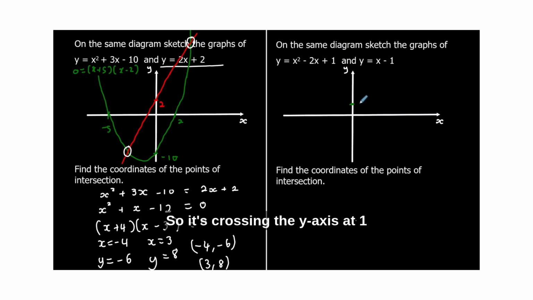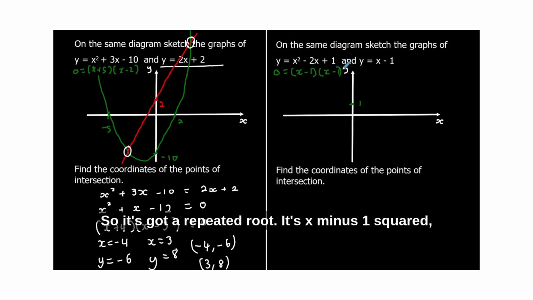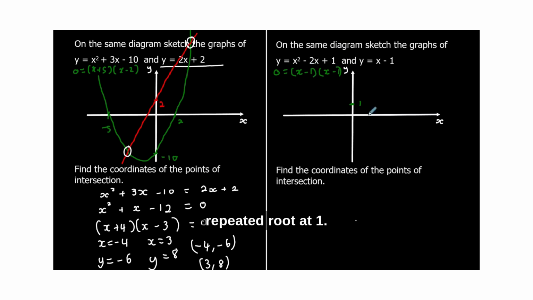So it's crossing the y-axis at 1. And it crosses x when y equals 0. So let's factorize this. It's going to have to be x minus 1 times x minus 1. So it's got a repeated root. It's x minus 1 squared. Repeated root at 1.